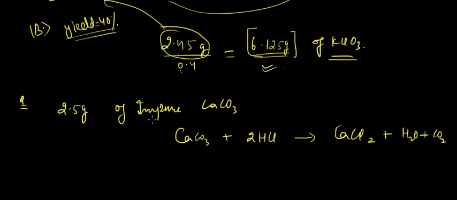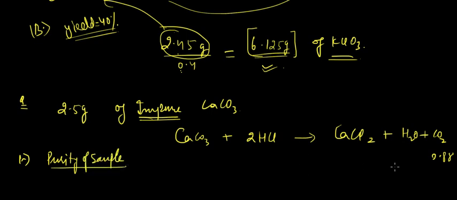So 2.5 grams of impure CaCO3 on treatment with HCl produces 0.88 grams of carbon dioxide. What is the percentage purity of the sample? So first part is you have to calculate purity of sample. So if we go by the number of moles of CO2 that were produced, by dividing 0.88 with 44 we get 0.02, hence 0.02 moles of CaCO3 must have been consumed.